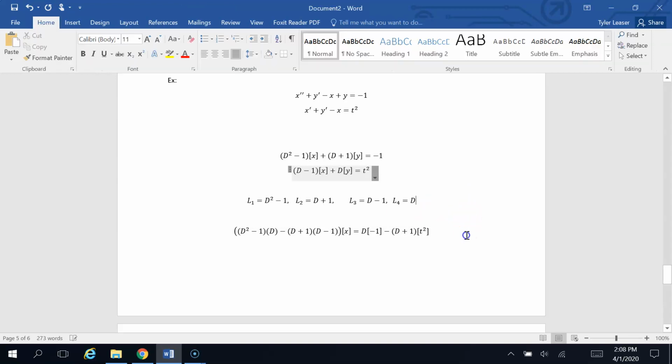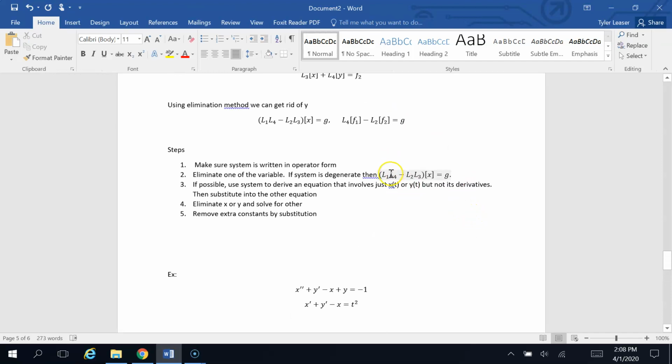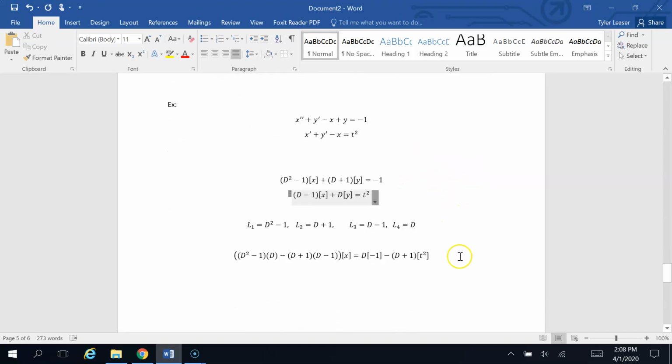If you like just writing the formulas down and plugging stuff into the formulas, that's fine and it's okay. It's just that you have a lot to remember. I always think it's easier just to look at the two equations that you have and generate it yourself. So we multiply the top equation by d. We multiply the bottom equation by negative d plus 1. The y's are being eliminated. We're going to have the d squared minus 1 times d minus the negative d plus 1 times d minus 1.